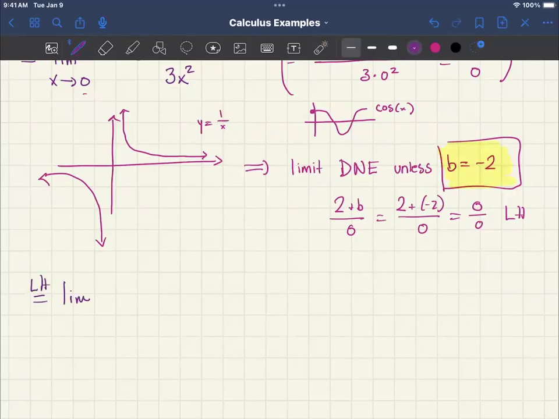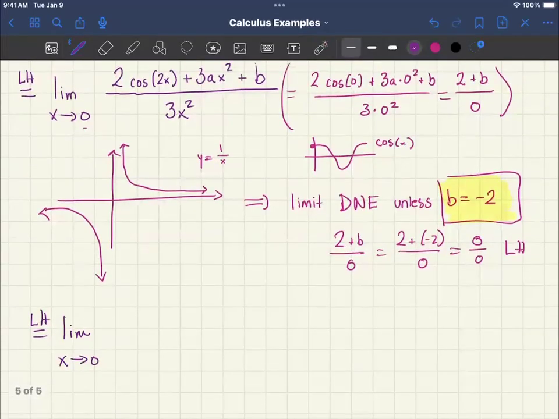So we have the limit as x goes to 0, and we are taking the derivative. I'll do this in several parts. So we have 2, and then we have the derivative of cosine, which is going to be a negative sine. But again, look at that, we have a chain rule that we're going to have to use. The derivative of the inside is going to be a 2, so I'm going to pop another 2 out front.